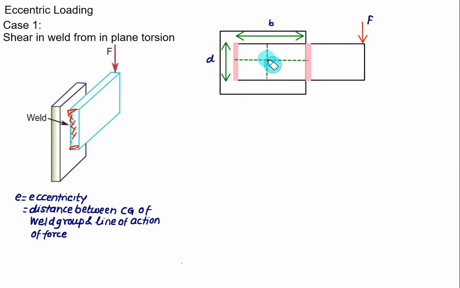This position represents the centroid C or G, and from this point to the line of action of force we have to measure the distance that will be called eccentricity. So from centroid C, the perpendicular distance to the line of action of force is called eccentricity E, and this one represents the throat thickness equal to T. Let's consider we have two parallel welds which are vertical.